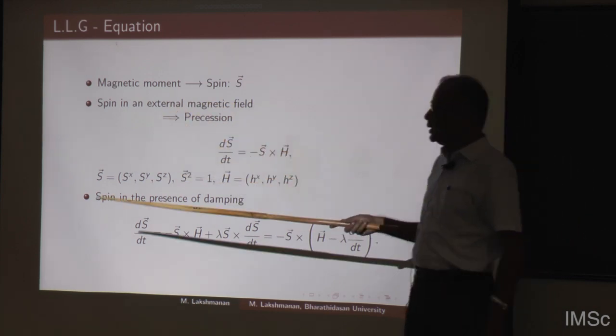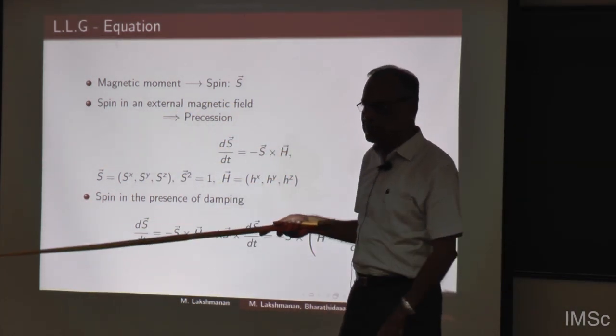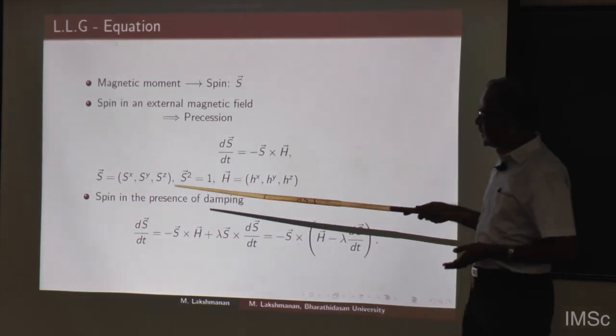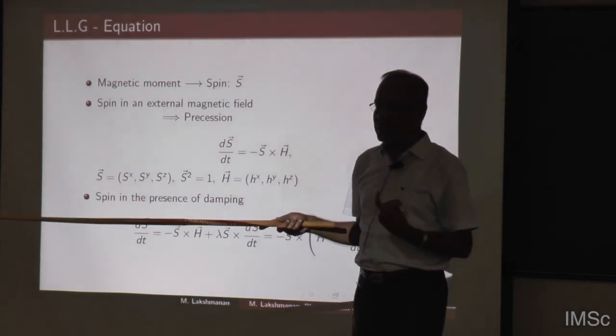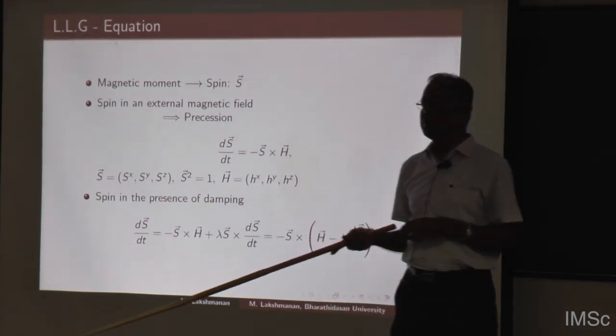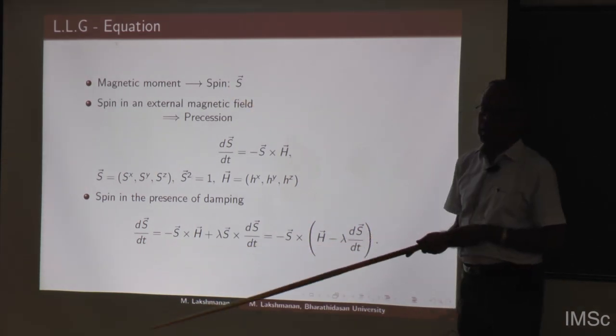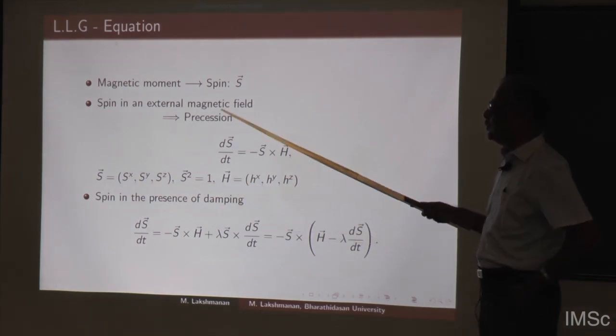You have a simple equation. Then you take the expectation value of this dynamical equation. You define the expectation value of the spin angular momentum as the magnetic moment or magnetization, and then you consider it per unit volume.